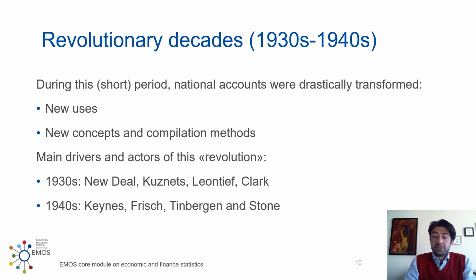Kuznets and his team of economists took all the possible data sources that they found available, from administrative records, for instance, or from surveys, and they created a conceptual structure in which all these different data could fit in, trying to establish common definitions and a system that could be regularly updated. Of course, the effects of the Great Depression in the US spread across the world, so the issue was not only an American one.